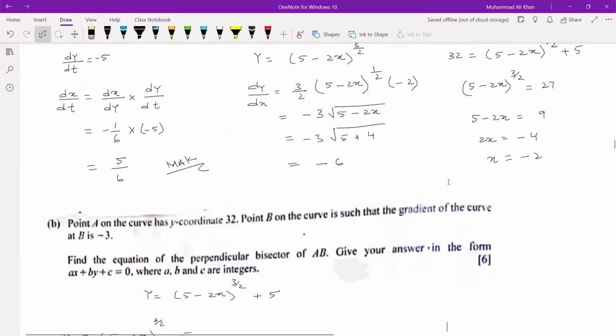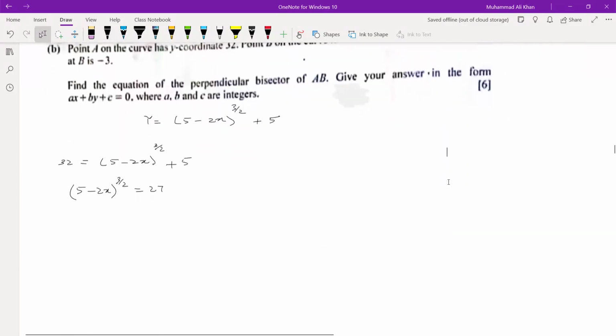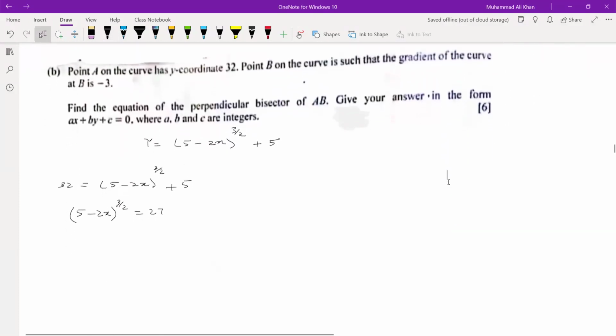And this we have done earlier. The value of x is minus 2. So the value of x is minus 2 and the value of y is 32. This is coordinate A.